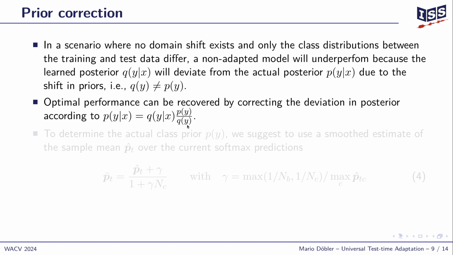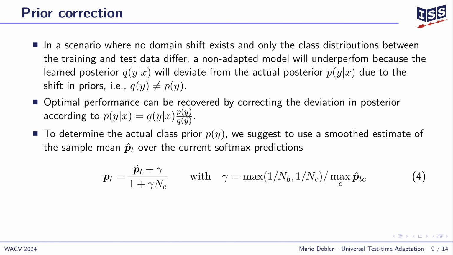Since we employ diversity weighting, we assume a uniform learned prior, and now the question still remains, how can we estimate this true prior?